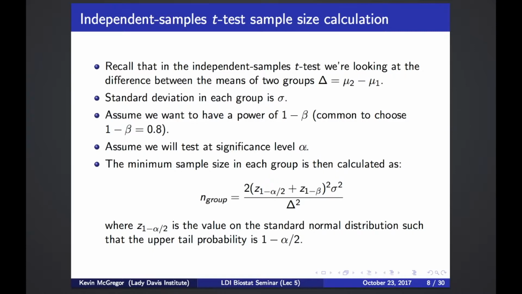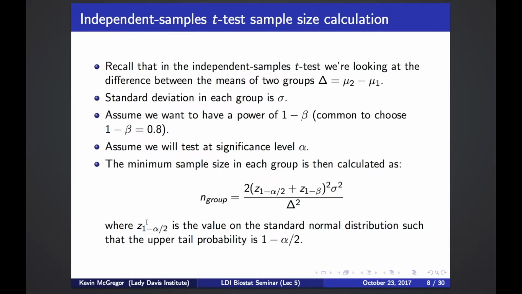Assume we have significance level alpha, as usual. Then the minimum sample size in each group actually turns out to be a very nice formula. So it involves this mean difference in the denominator. It involves the standard deviation, and it also involves these Z values, which, I guess they're not statistics, they're the tail probabilities of the standard normal distribution.